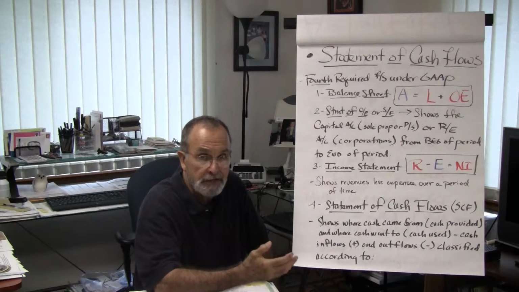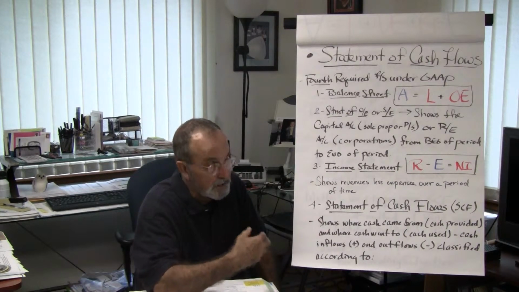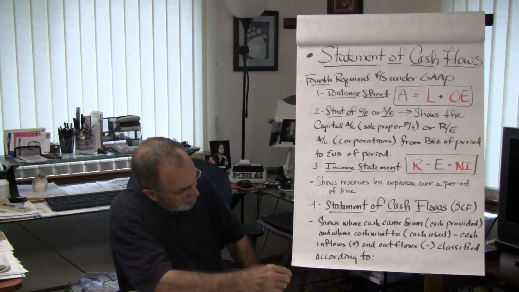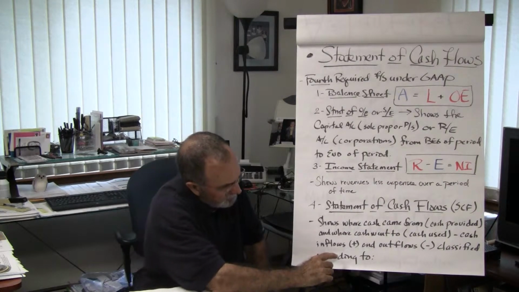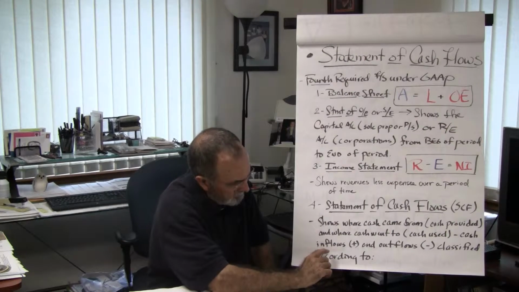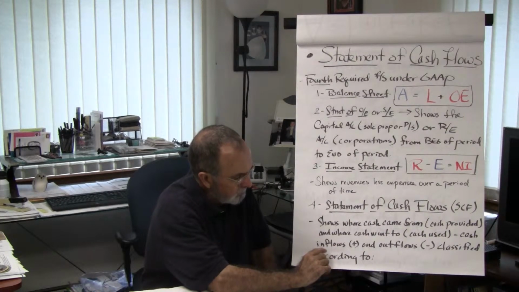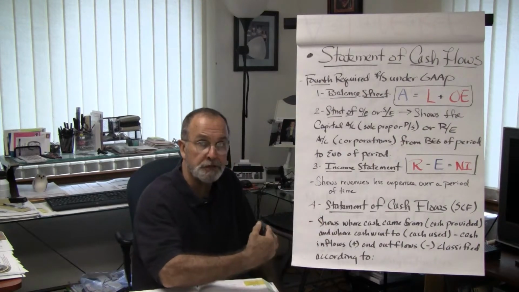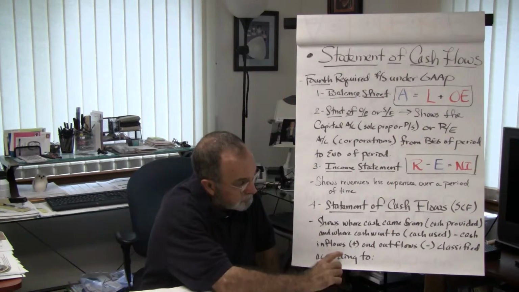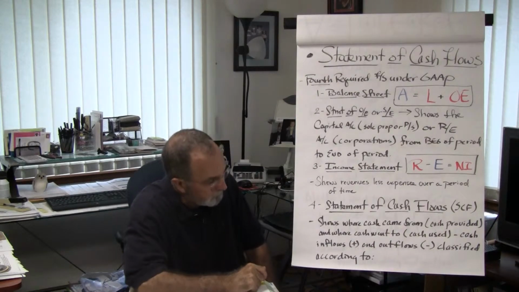So cash provided is cash coming in; cash used is cash going out. Other terminology we would associate with cash on the statement of cash flows would be cash inflows for cash coming in, and cash outflows for cash going out.